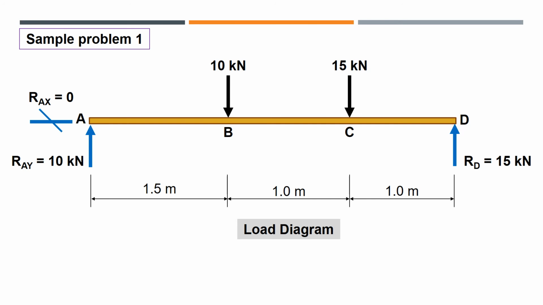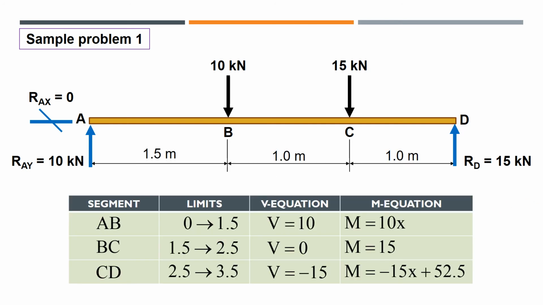So this is again our beam. This table shows us the equations that were formulated earlier. So for segment AB, with limits of 0 to 1.5, the shear equation is V equals 10, and the moment equation is M equals 10x, wherein x is any value between 0 to 1.5.